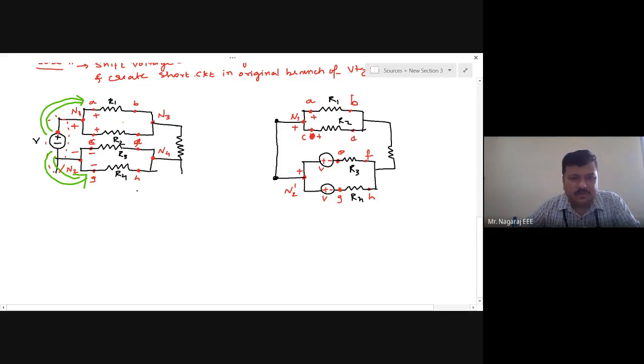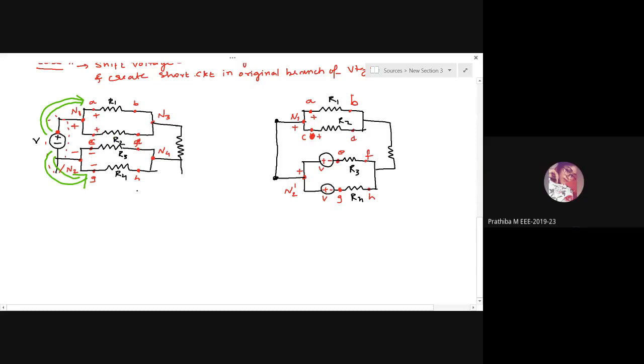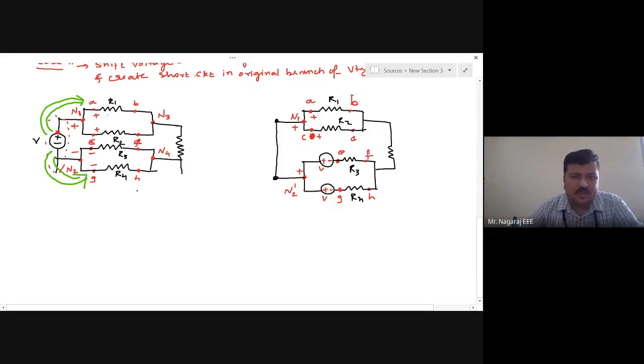If I ask you to get the equivalent circuit of this circuit, what will you do? You will take the effective value of all the resistances, is it? Now, please think that I ask you to take the equivalent circuit of this circuit.